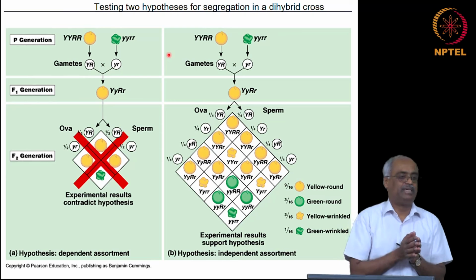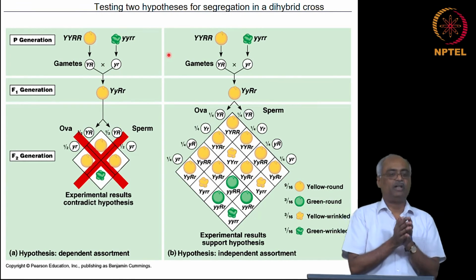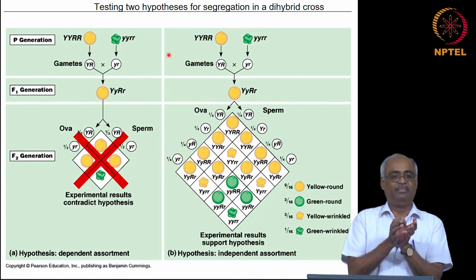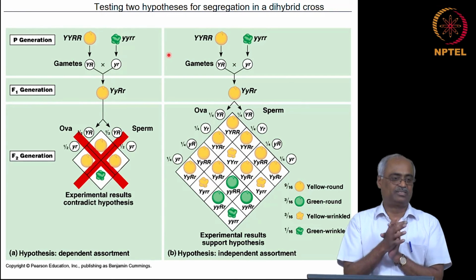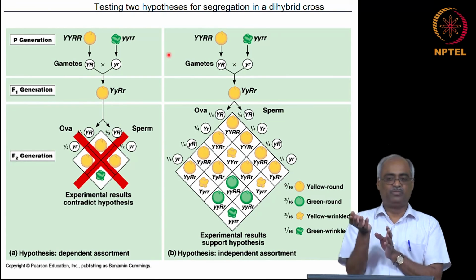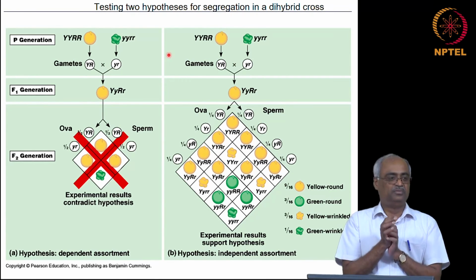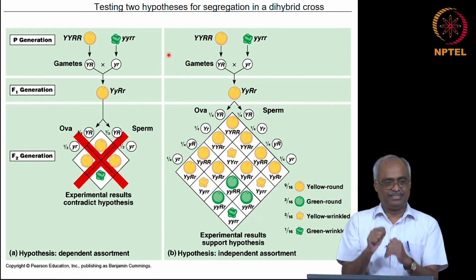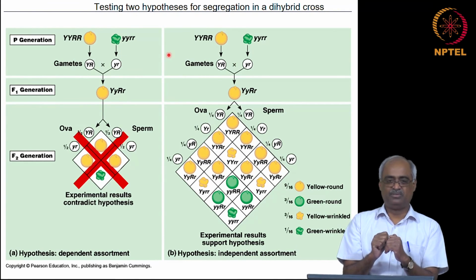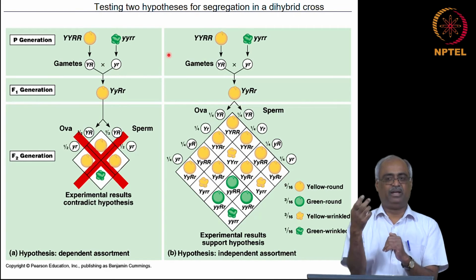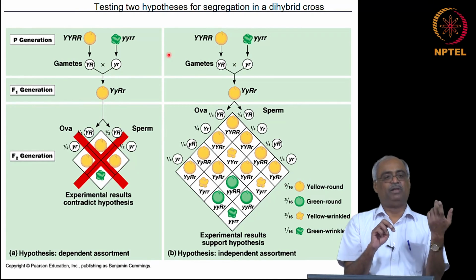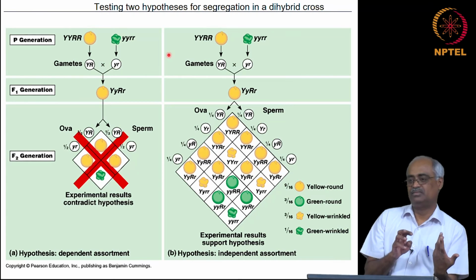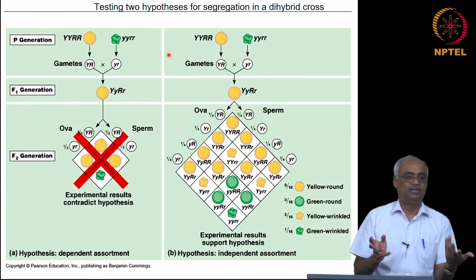Meaning, let us say I have a tall plant with purple flower, and the other one is a short plant with white flower. Now, will the inheritance of white demand that it is going to be dwarf also, or can it be white on a tall plant or a short plant, and vice versa, can that happen or not?